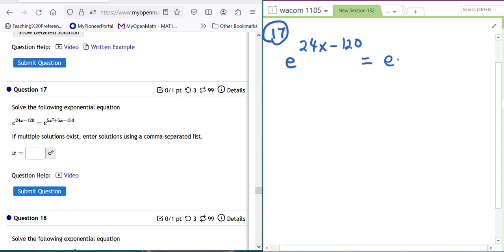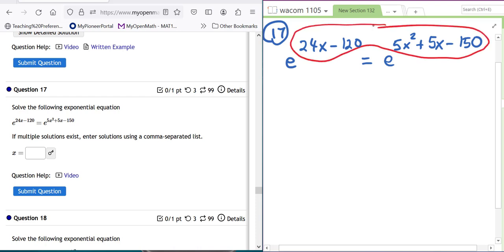Equals e to the 5x squared plus 5x minus 150. All right, so the rule says if the bases are the same, you're allowed to set the exponents equal.